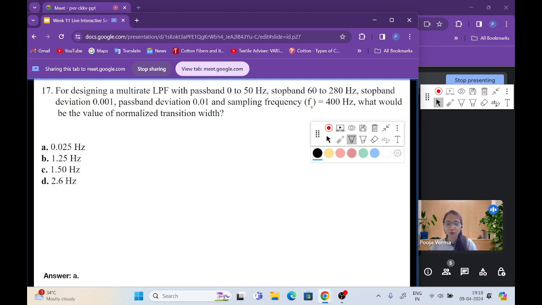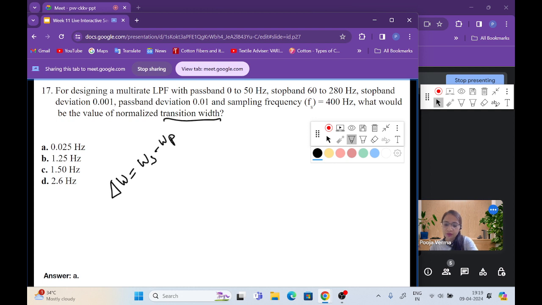So how can we move ahead with this question? First we need to know what the transition width is. The region in between the pass band and the stop band is known as the transition region. We also know that the transition bandwidth is represented by the stop band frequency minus the pass band frequency.